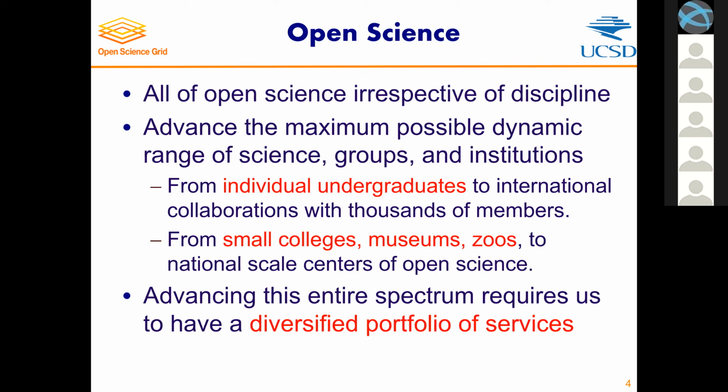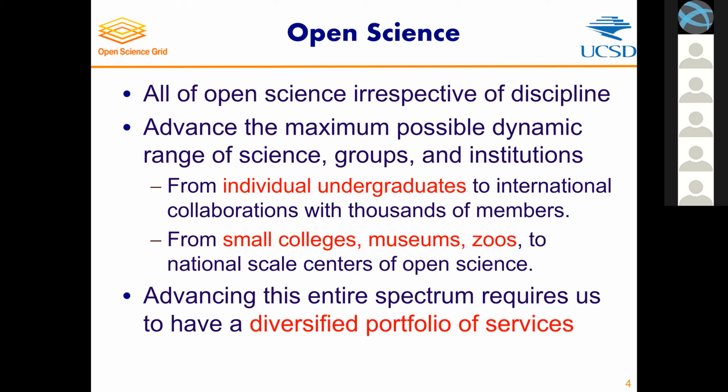In addition, we want to advance open science for the maximum possible dynamic range of science, groups and institutions. This ranges from individual undergrads to international collaborations with thousands of members.